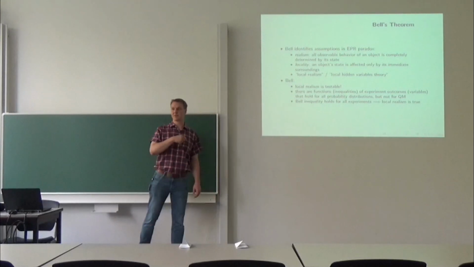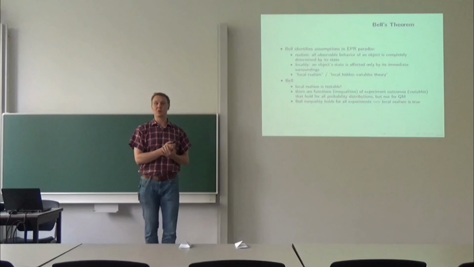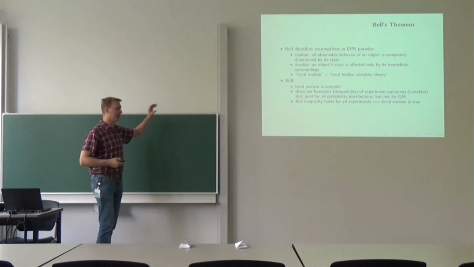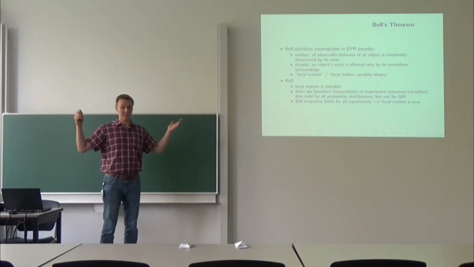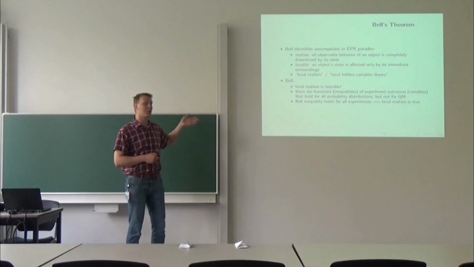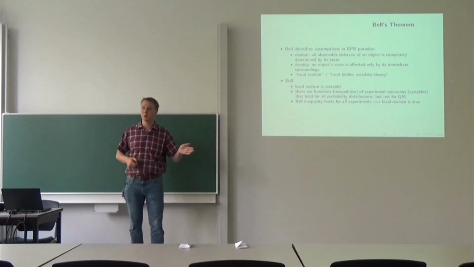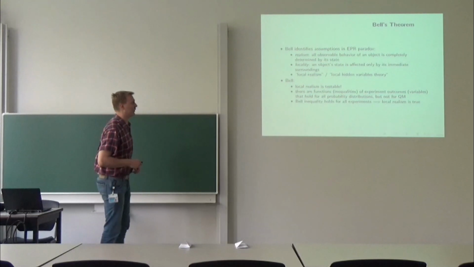So we can use this experimental setup to test if local realism is true or false, because if the Bell inequality holds in this experimental setup, then obviously local realism has to be true and quantum mechanics has to be false.